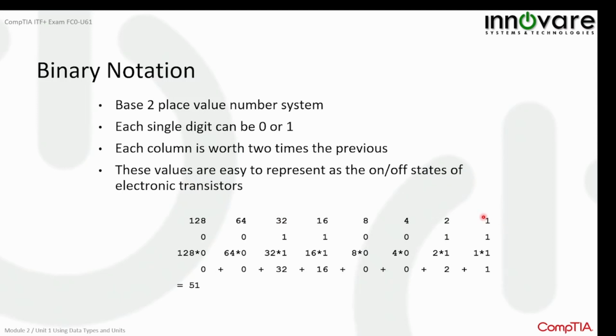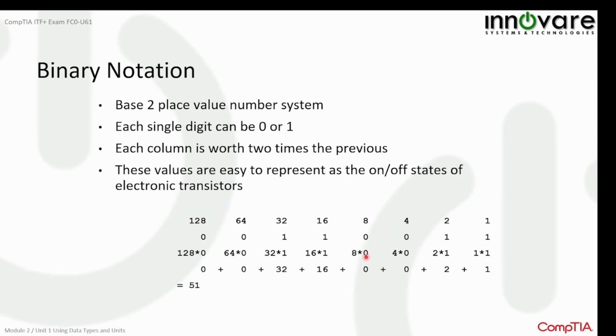In this illustration, each number is always 2 times the previous. So from 1, 2 times is 2, and then 4, and then 8, so on and so forth: 16, 32, which is twice 16, and 64, and 128.